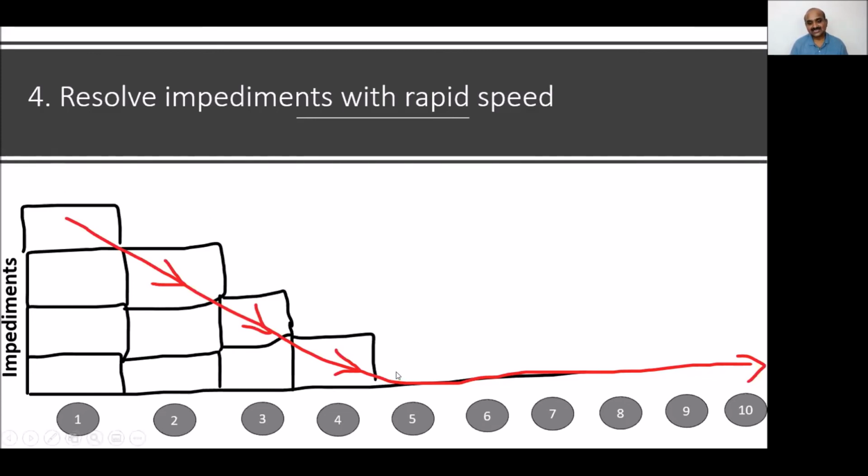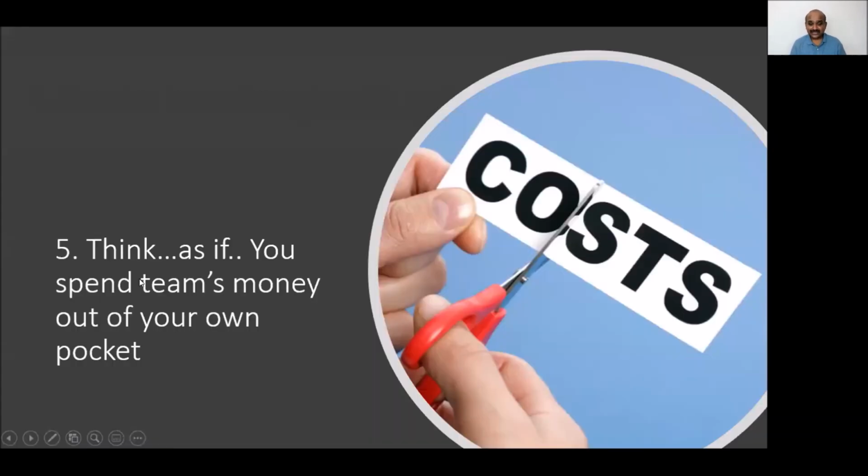If you put up a chart, it speaks a lot to many people and it solves many problems. And the moment you raise impediments early and solve them early, it improves the productivity.